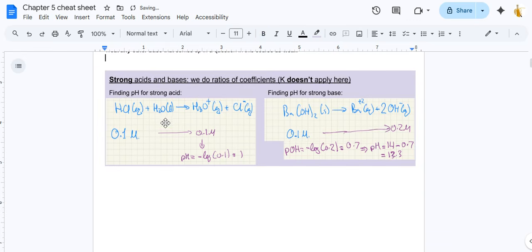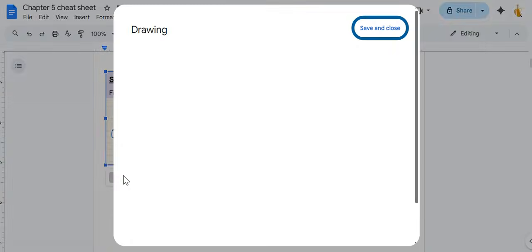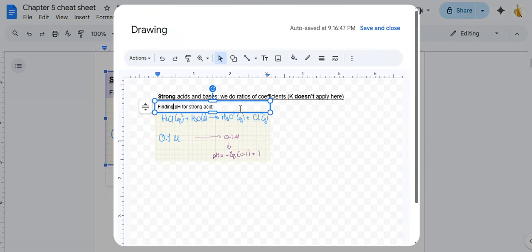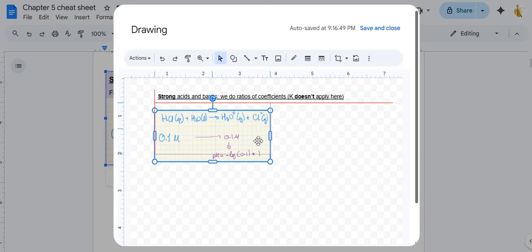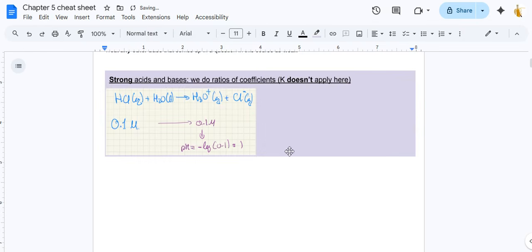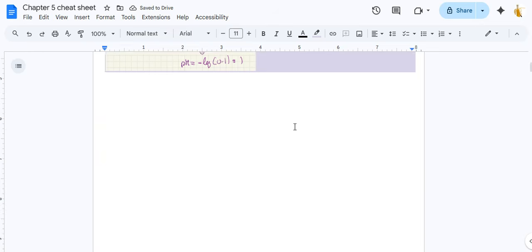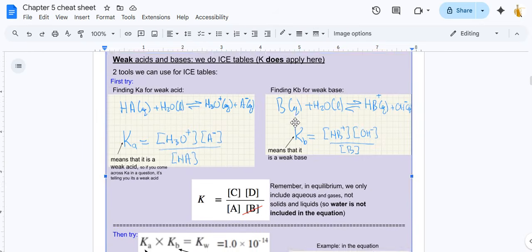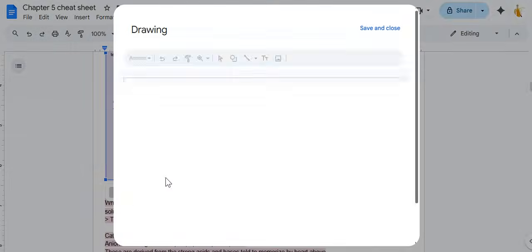This I also keep, but I'll only keep part of it because I already know the other one. And same thing with this.